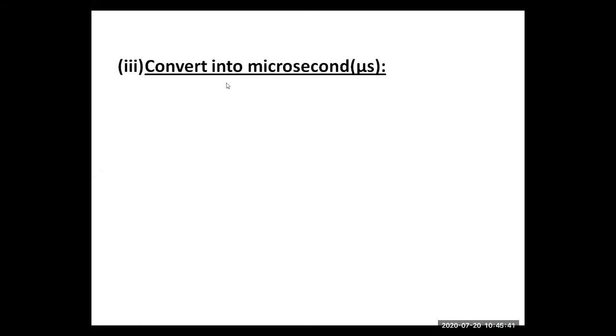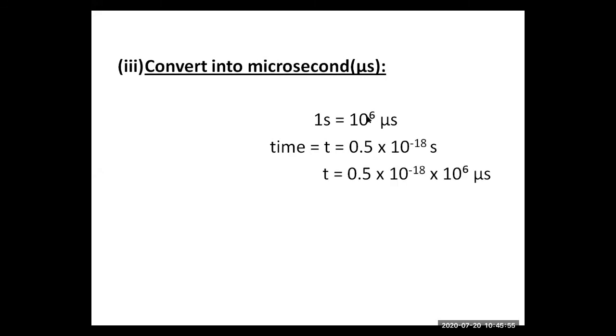Now the next one is to convert into microseconds. 1 second is equal to 10 raised to the power 6 microseconds. Then given is t is equal to 0.5 multiplied by 10 raised to the power minus 18 second. So we have to multiply it: 0.5 multiplied by 10 raised to the power minus 18 multiplied by 10 raised to the power 6 microseconds.